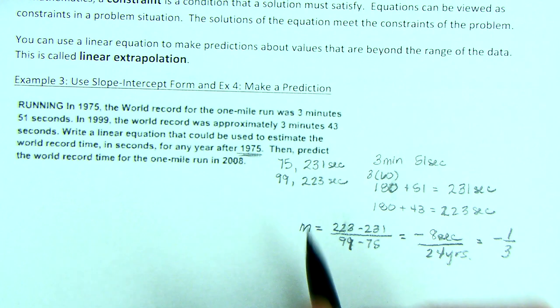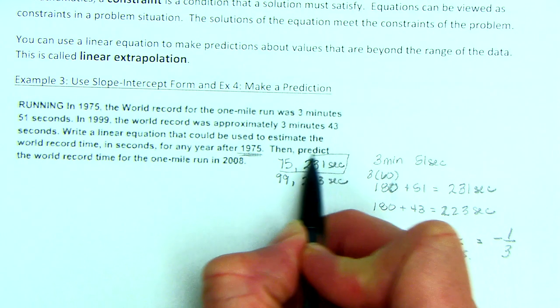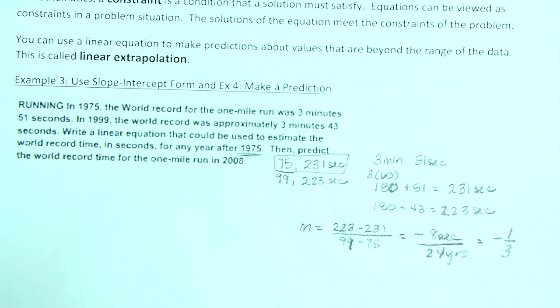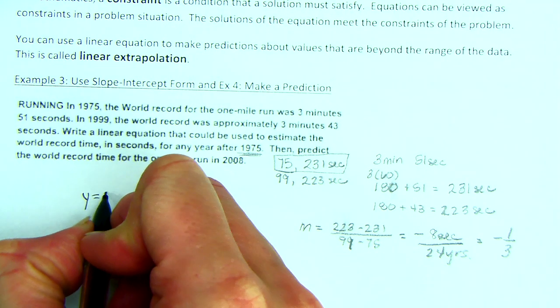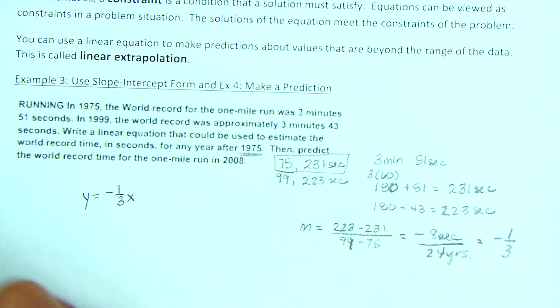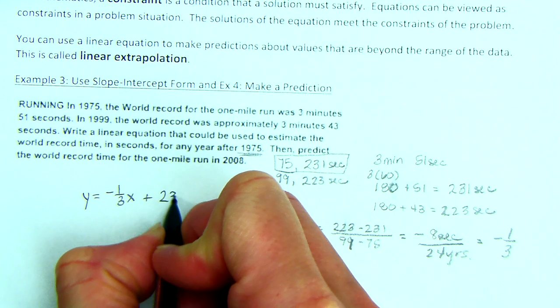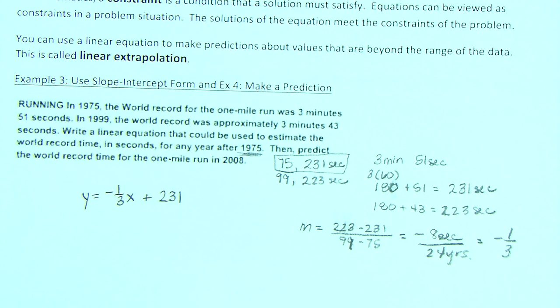In other words, in 1975, this is our 0. This is our starting point. So that's our y-intercept, believe it or not. So our equation is y equals negative 1/3 x plus 231, because 231 is the time at 0, because we're starting at 1975. So there's our equation.